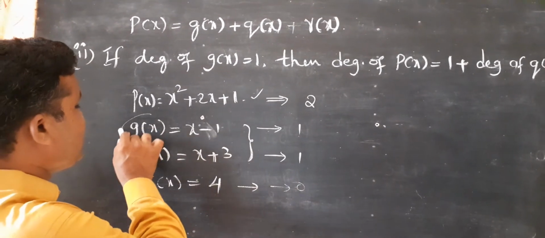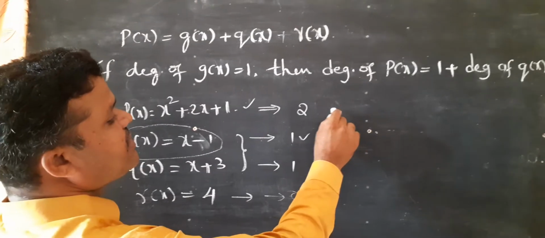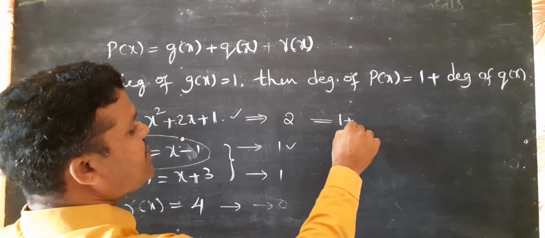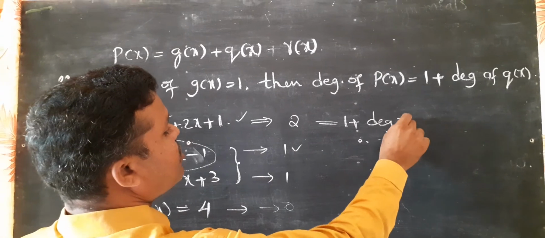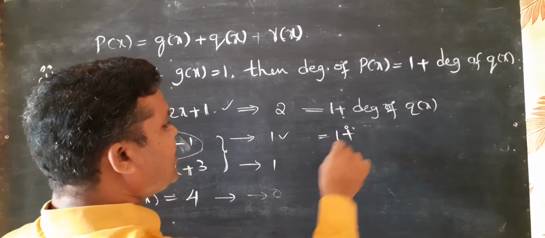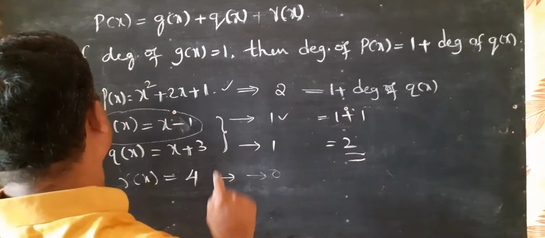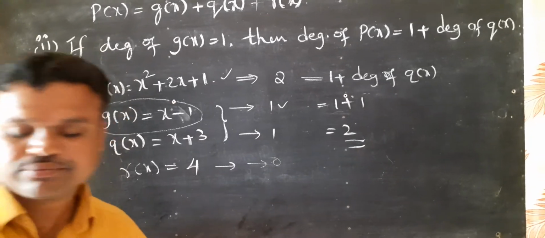Since the divisor degree is 1, the degree of p of x is 2, which means 1 plus the degree of q of x. The degree of q of x is 1, so 1 plus 1 is equal to 2. Now our observation is right.